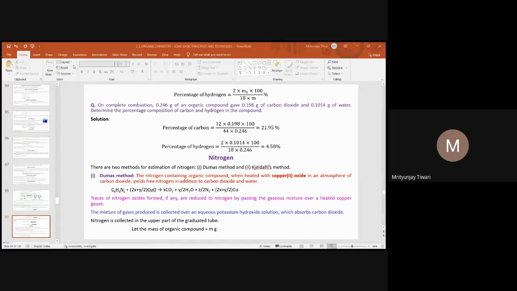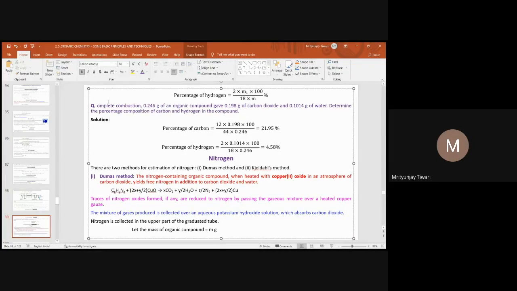So an organic compound is taken initially, 0.246 gram, and on complete combustion it gave this much carbon dioxide and this much water. I think this is okay now.